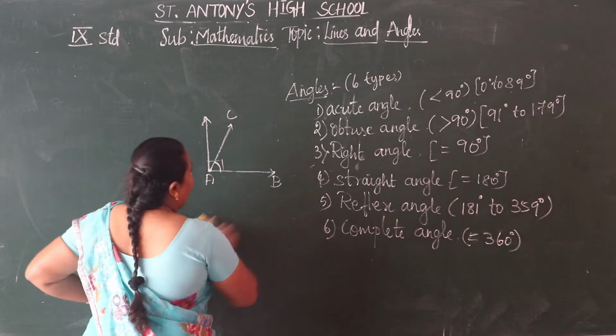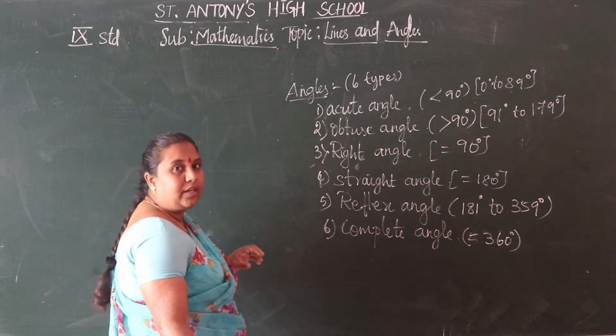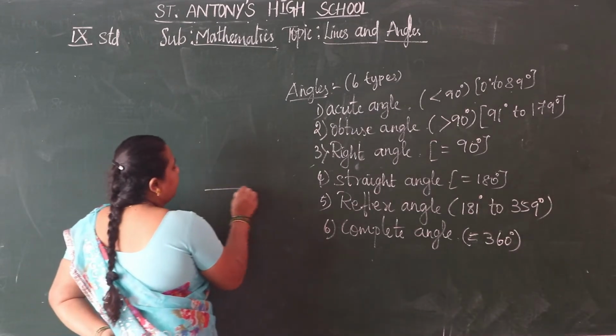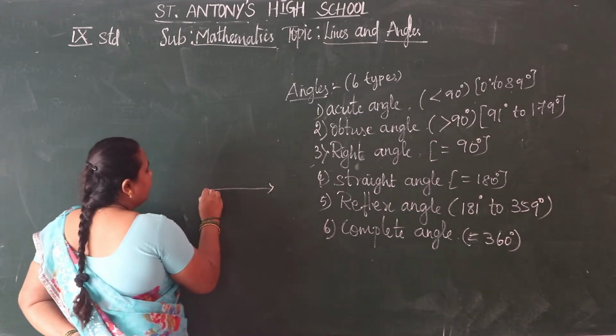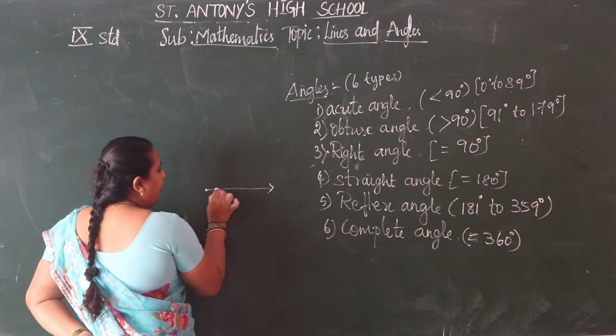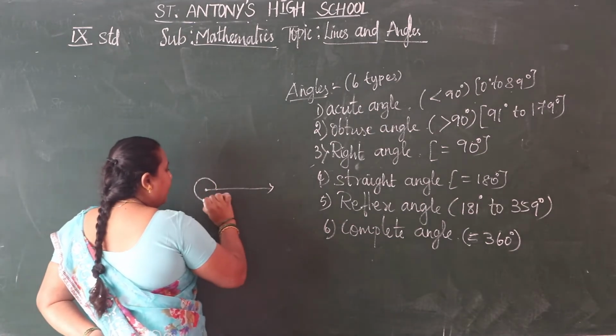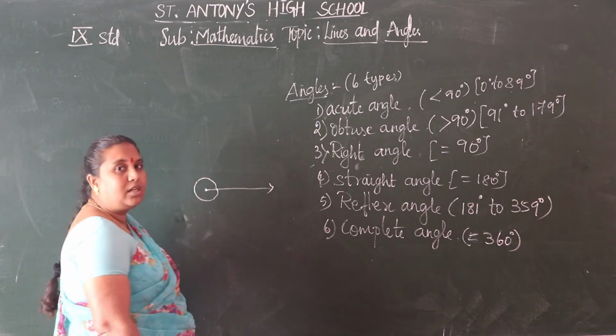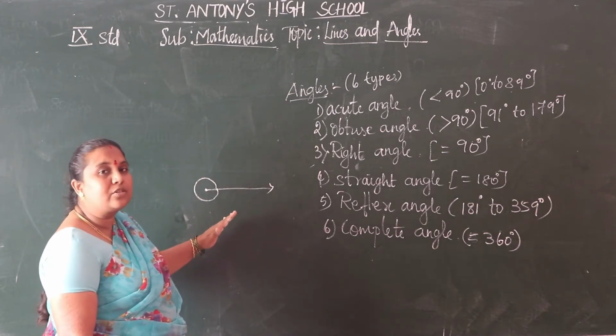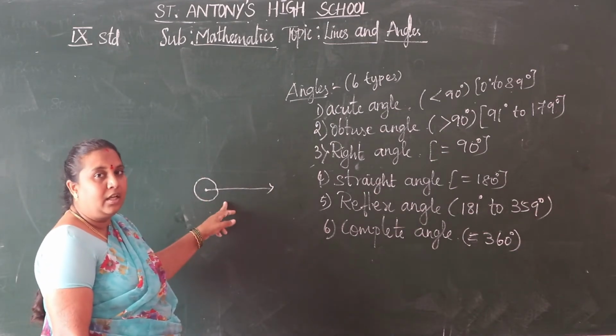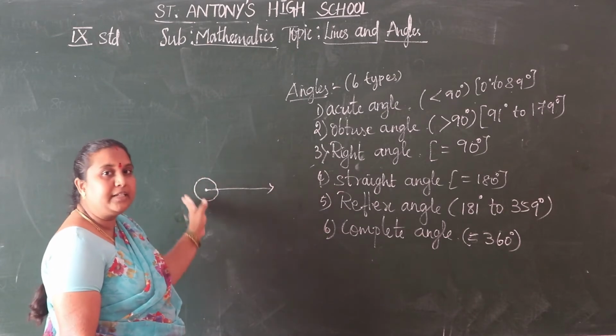How do we explain this? Take a ray like this, and here this is an angle considered. From here to here, the total circle equals 360 degrees. It forms a complete angle.